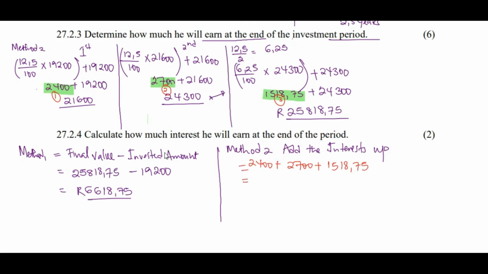When you add up these values, you have to get the answer, 6,618.75. It's upon you which method you would like to use. But since it's 2 marks, this one would work better.